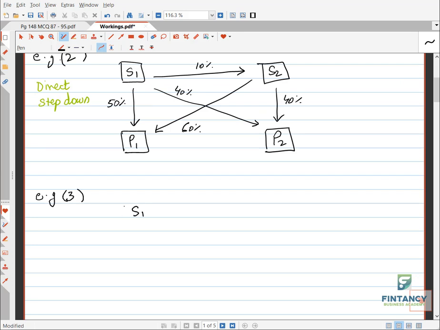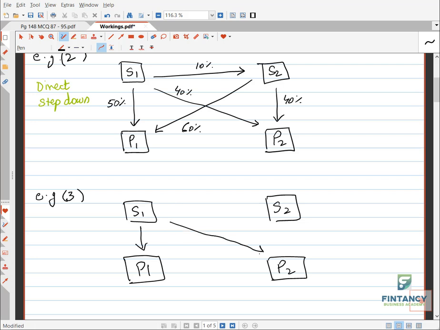So same thing again, S1, S2, P1, P2. Okay, now see, till here it's the same as before, whatever I have drawn. 50, 40, 10.